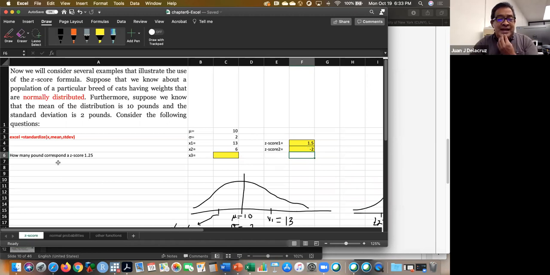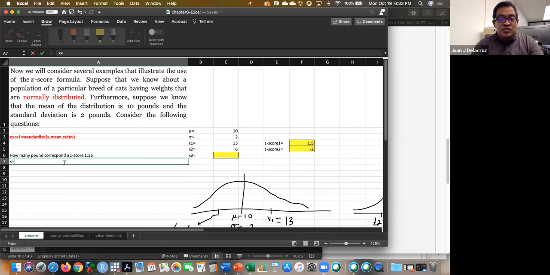The other case is how many pounds corresponds to the z-score. Remember, this is very clear if we want to find the X. We have mu plus the z-score times the standard deviation, which is sigma, right?